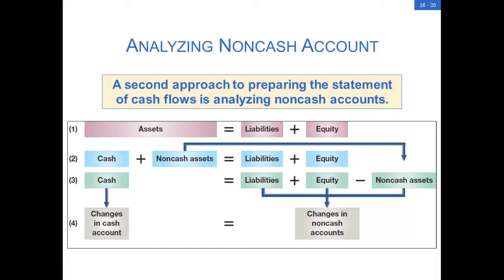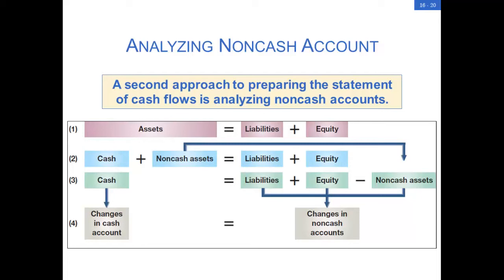Line 4 points out that changes on one side of the accounting equation equal changes on the other side. It shows that we can explain the changes in cash by analyzing the changes in the non-cash accounts, consisting of liability, equity, and non-cash asset accounts.